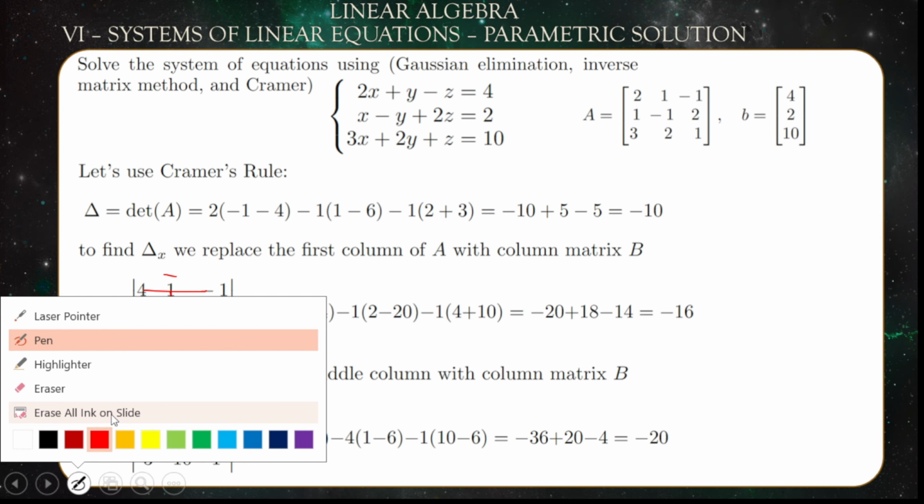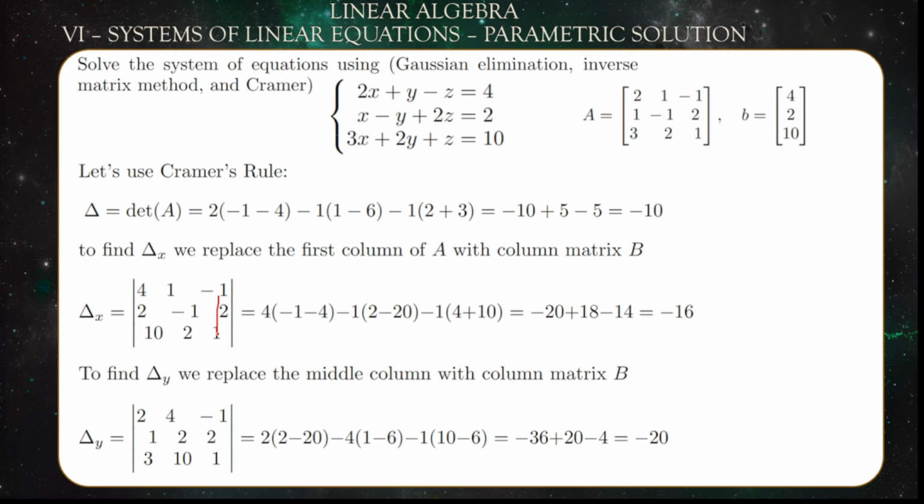Finally, minus 1 here and the sign would be plus, multiplied by 4 minus 10 times minus 1, which is 10. So 4 plus 10 multiplied by minus 1, equal minus 20 plus 18 minus 14, equal minus 16.